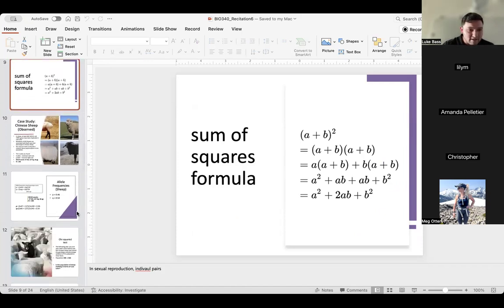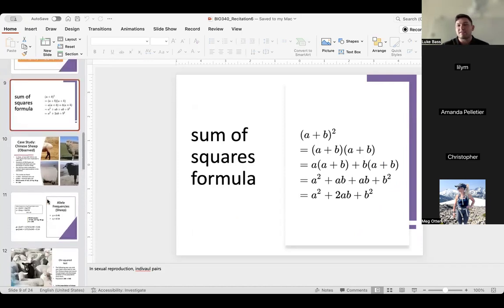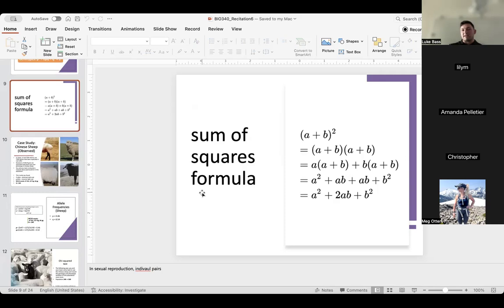If we're looking at P and Q, if you find P, you're able to find Q because you can do 1 minus P. When we're looking at two individuals mating, like two heterozygotes mating, you have to use this formula. It's kind of weird because you are using genetics and math at the same time. When you have allele frequencies from two individuals, you multiply them together, and that's how you get this formula. That's at least my understanding of it.